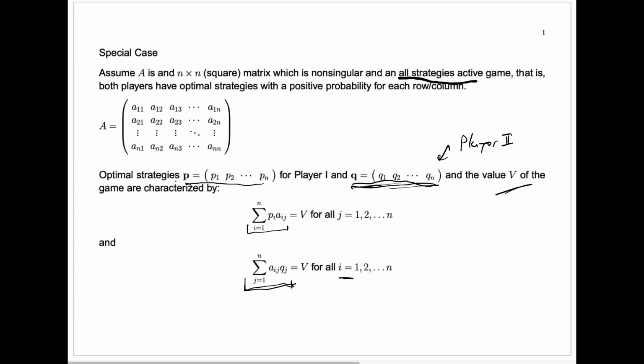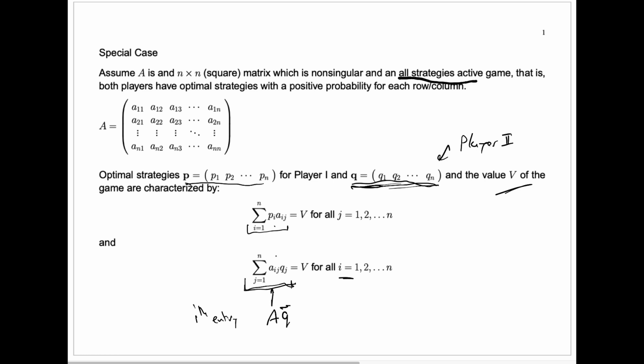That's exactly what we get here. This quantity on the left is precisely the matrix A multiplied by Q, and this is the ith entry in the column vector you get by taking A and multiplying it by Q.